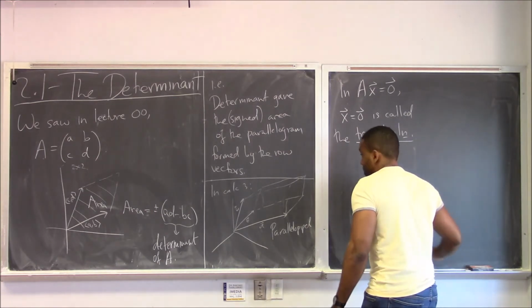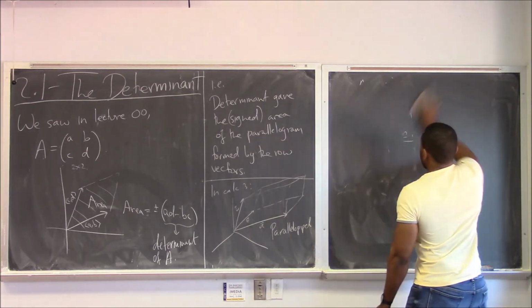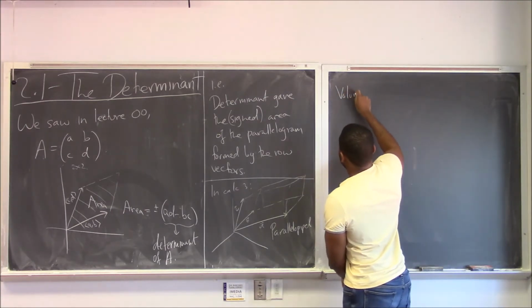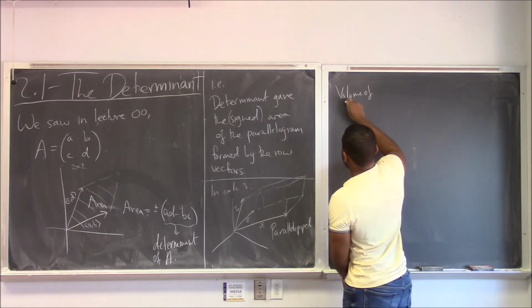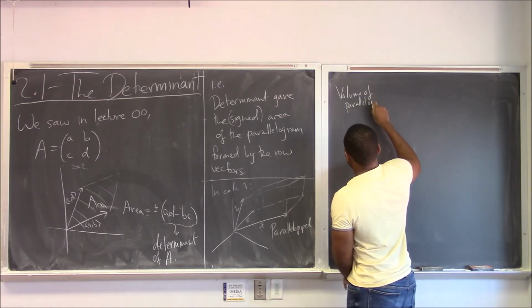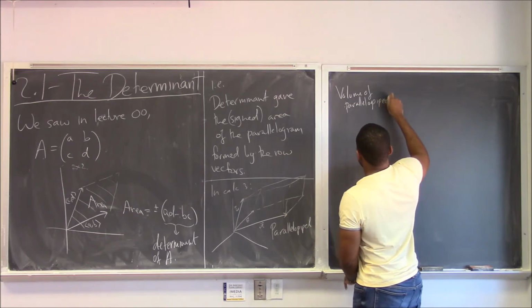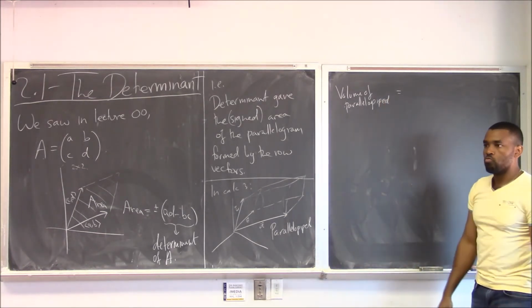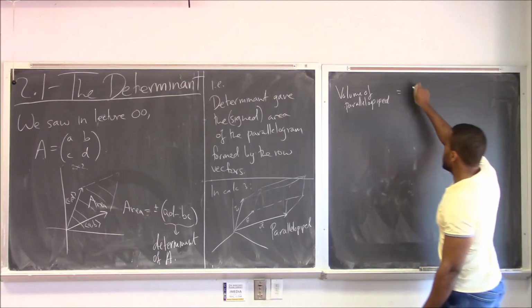And you learned that to find the volume of this parallelepiped, do you guys remember what that was? A dot B cross C.